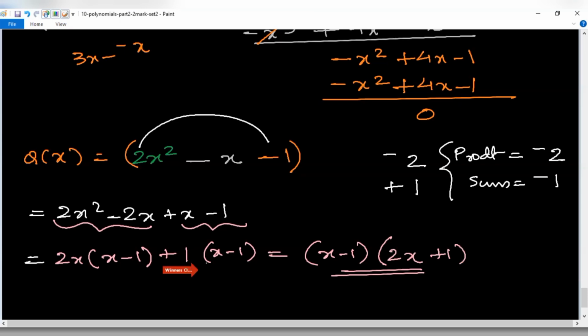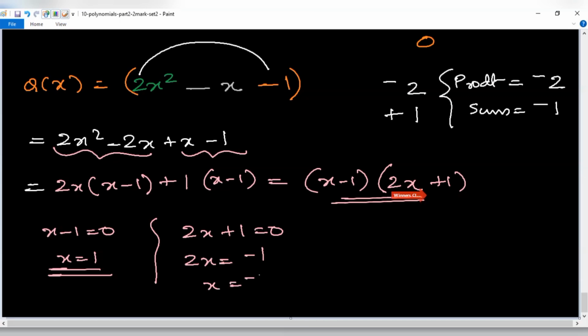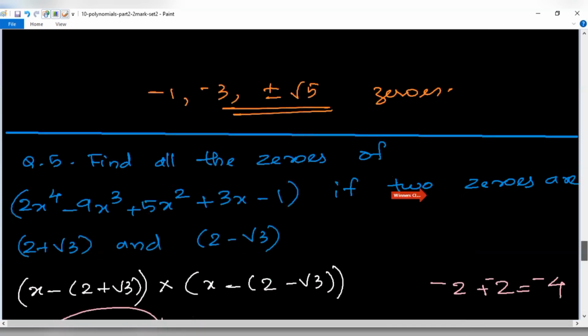So we can write the zeros from here. x minus 1 equal to 0 means x equal to 1 is a zero of the polynomial. Next, 2x plus 1 equal to 0 means 2x equals minus 1, or x equals minus 1 by 2 is a zero. So 1 and minus 1 by 2 are zeros of the polynomial. Again, two other zeros are already given in the polynomial.